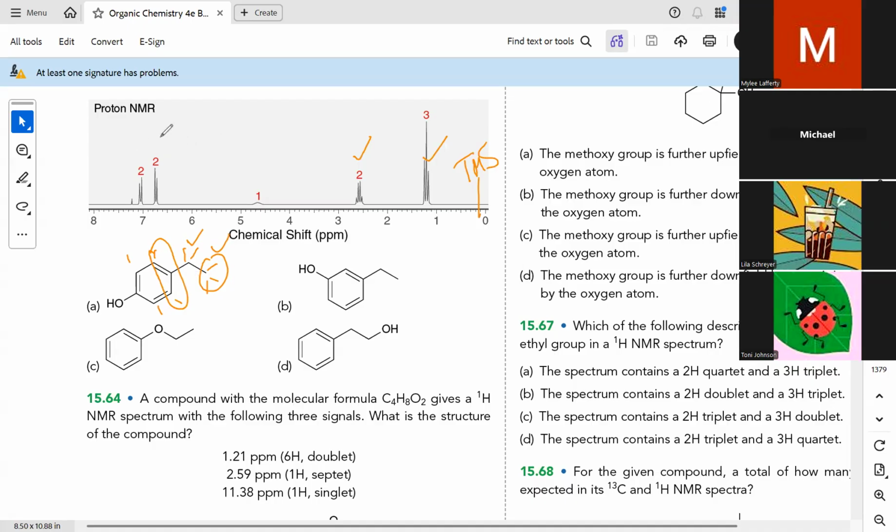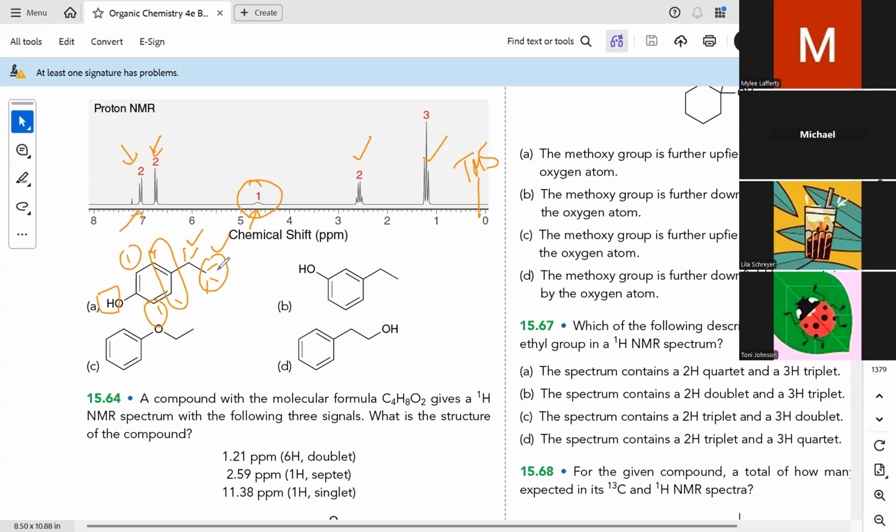And either one of these sets of 2 protons could be on my ring. Probably this one here is going to be these 2 because they're closer to that electronegative atom. And then I have this single proton that integrates here. And that makes sense for this hydrogen that's connected to the oxygen. So everything checks out with neighbors, with possible shift.